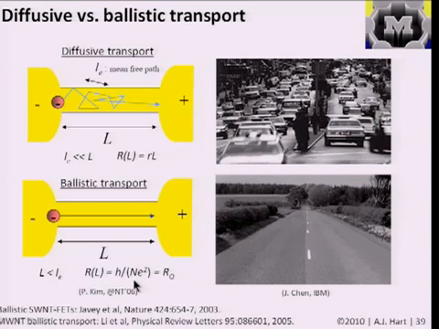So the size, the diameter of the tube, or the size of the system may determine the number of lanes or channels, if you will, in the system, and that determines the resistance of it. And this has been experimentally shown for single-walled tubes and multi-walled tubes and other materials.